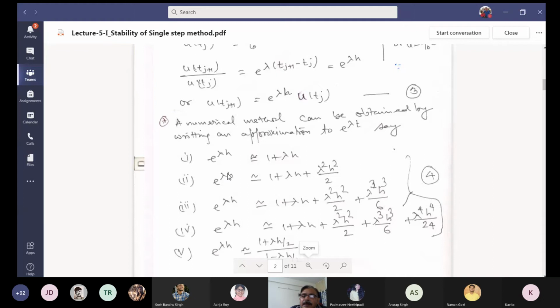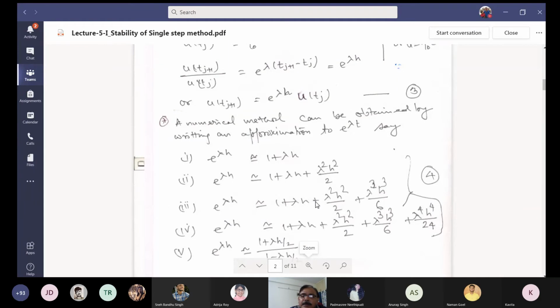The approximate e to power lambda h as 1 plus lambda h plus lambda square h square by 2 gives the second order Taylor method. You may see some of the third order methods can be written in this form, by taking that approximation to e to power lambda h, the way I have written for Euler and Taylor method.